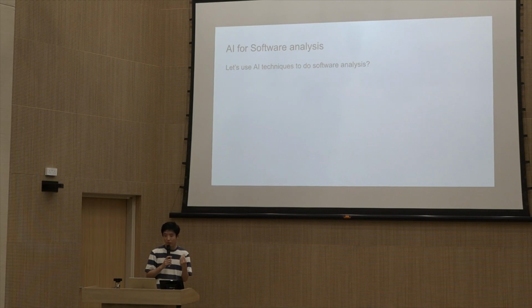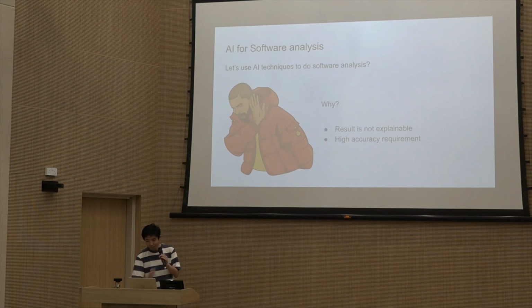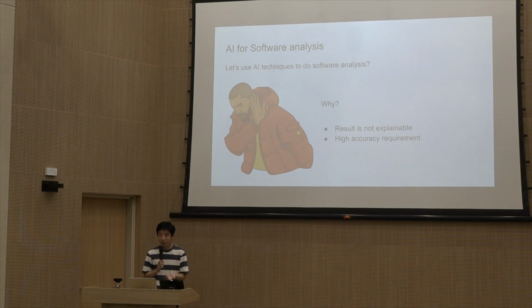So now let me introduce you to AI for software analysis. If you ask a security researcher or maybe a software engineering researcher, let's use AI techniques to do software analysis, mostly they will say no, let's not use AI. But why? Because mostly the results of AI models are not explainable, so we don't know what's happening inside.